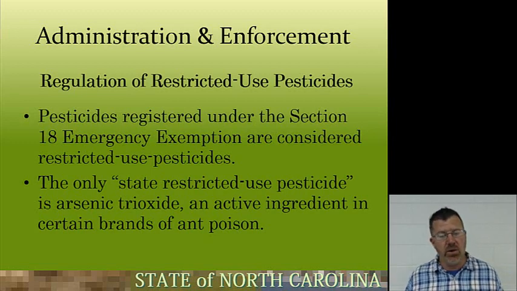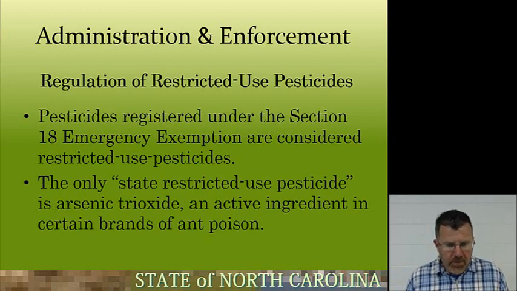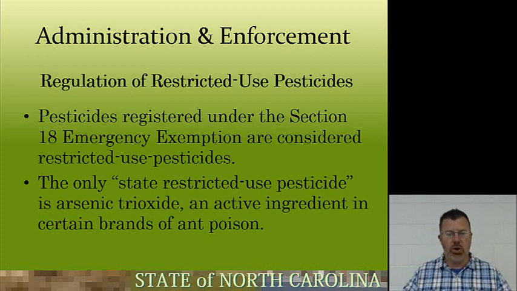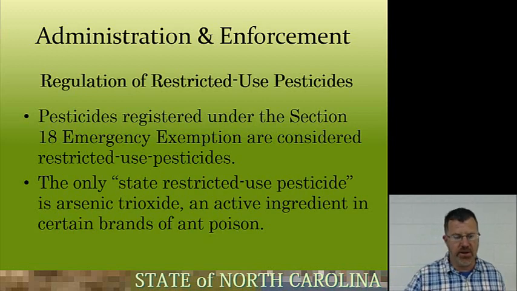So that's the only totally state restricted use pesticide. It's pretty dangerous stuff. I mean, you've heard of people really getting hurt with this stuff. So North Carolina has only put the total ban across the state on arsenic trioxide.